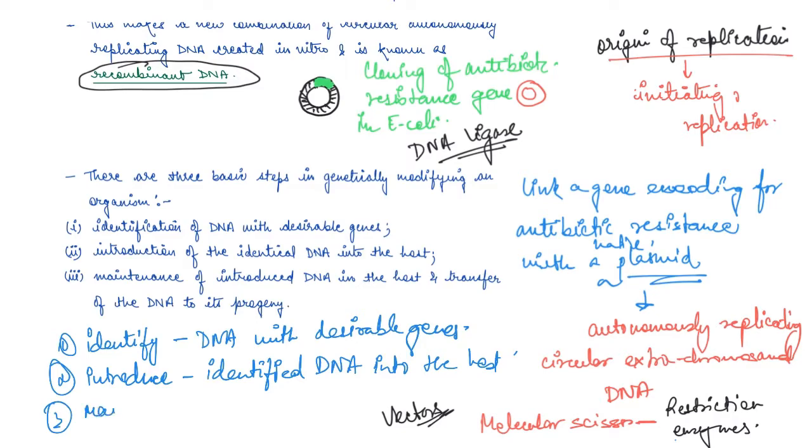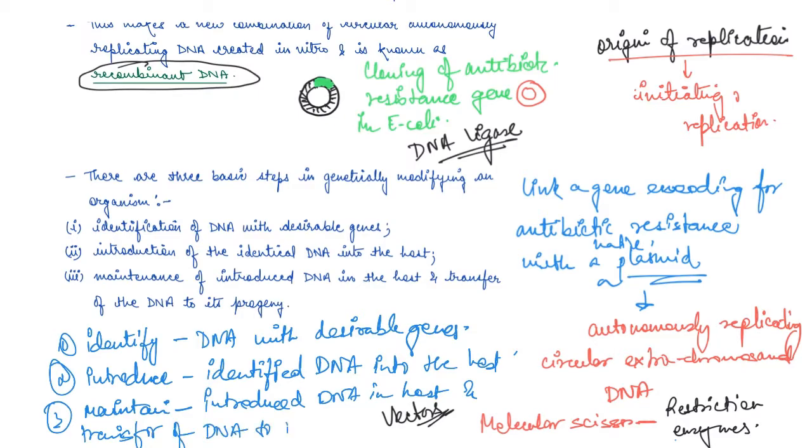So the third one is to maintain the introduced DNA which is present in the host and transfer that DNA to its progeny, right? To transfer this DNA into various generations.